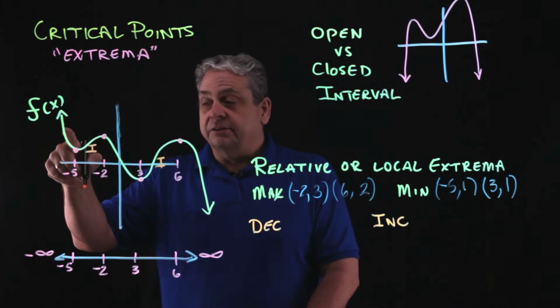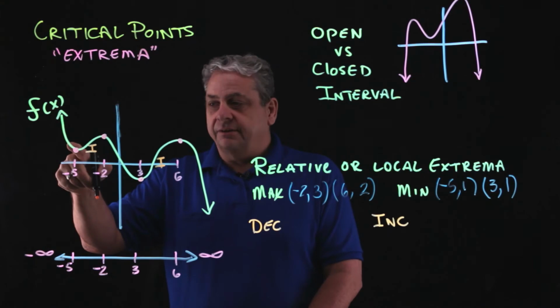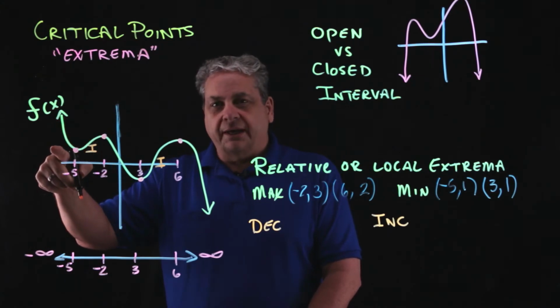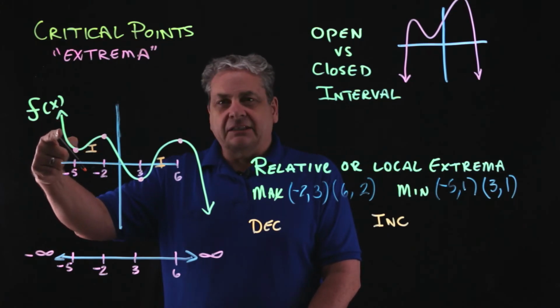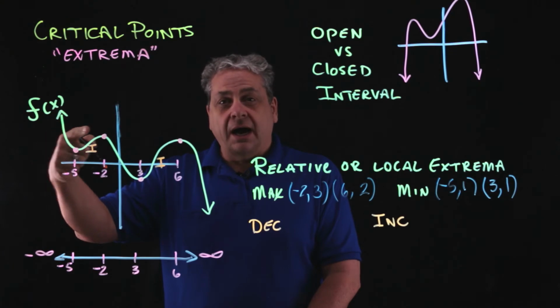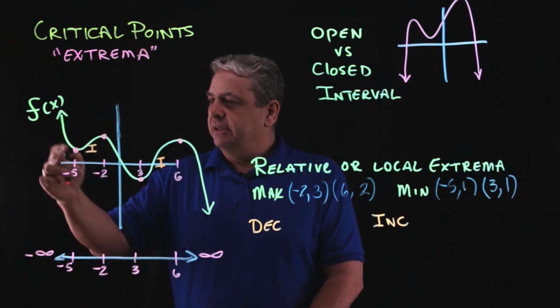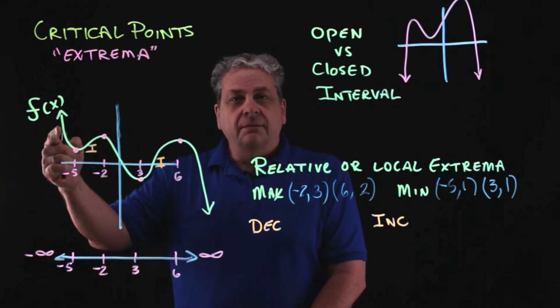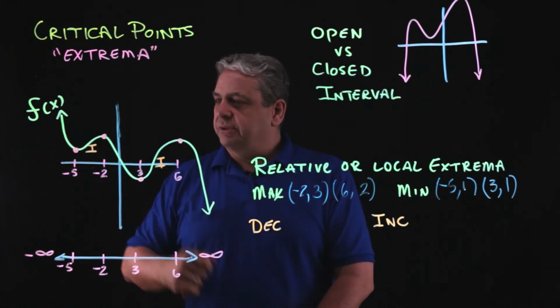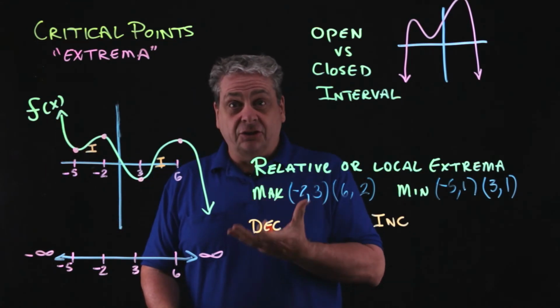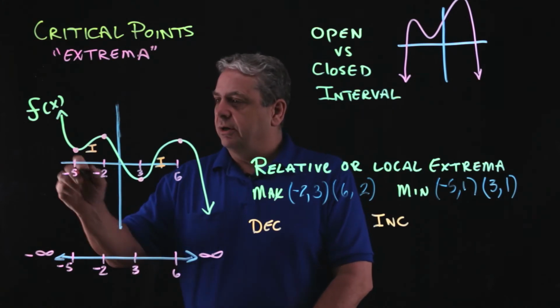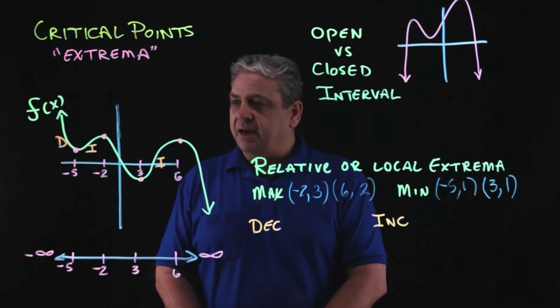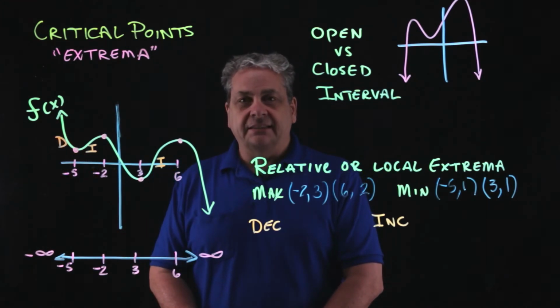We know that if we looked at the f of x values over here, as we move left to right, as my x values go higher, the end result of my function is decreasing numbers. It's going lower. So we would say that on this side of that minimum, it's decreasing.